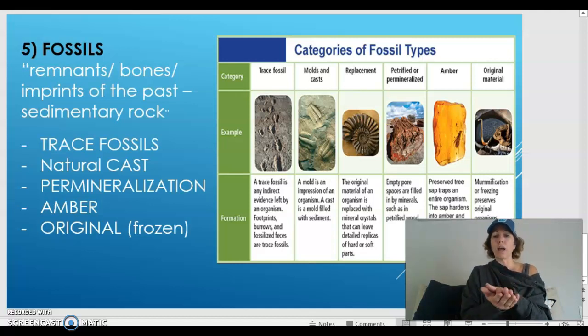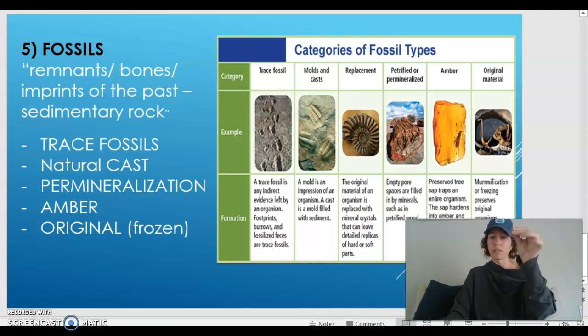Or you might actually have the actual organism that's been kind of hardened over time, where water and all that got into the pores in the bone, and it actually made the bone hard like a rock. And so that's permineralization. So that's where we get a lot of our dinosaur bones, from permineralization. Classic Jurassic Park is amber.